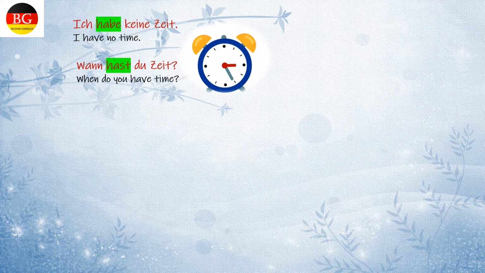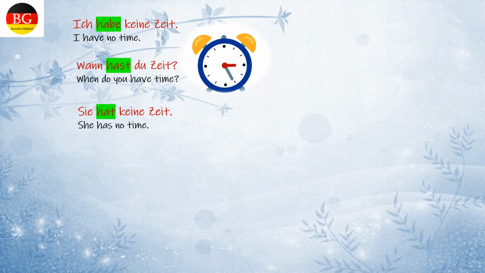Now let's understand how to use the conjugated form of the verb haben in sentences with the help of a few examples. Ich habe keine Zeit. I have no time. Wann hast du Zeit? When do you have time? Sie hat keine Zeit.